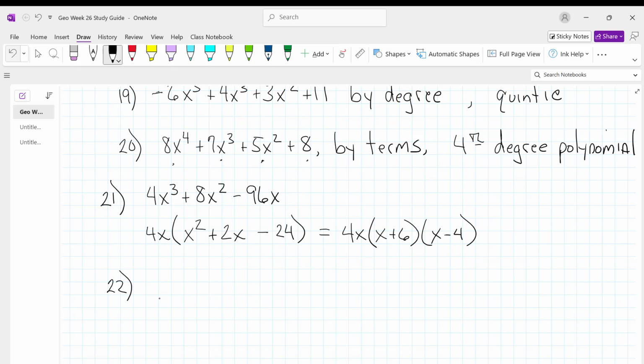We're factoring again. We've got x to the third plus 9x squared plus 18x. I'm going to factor out an x, the only thing that's in every term.